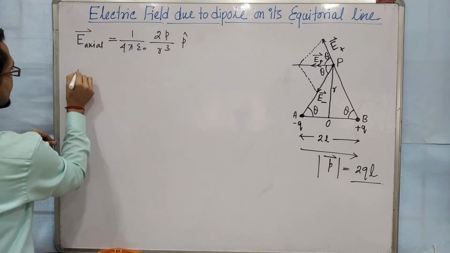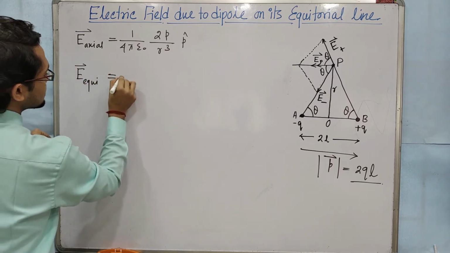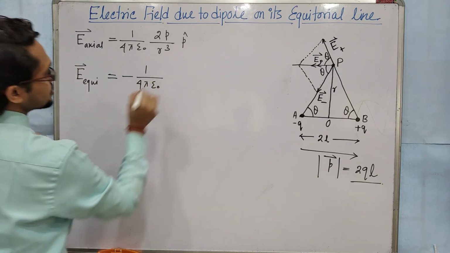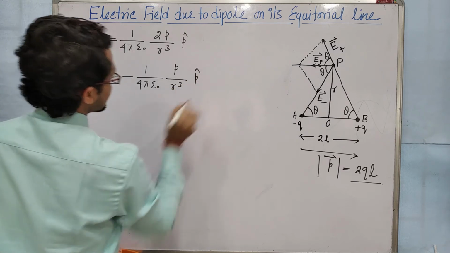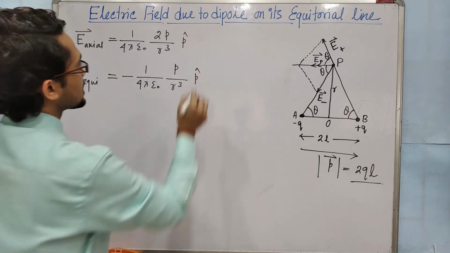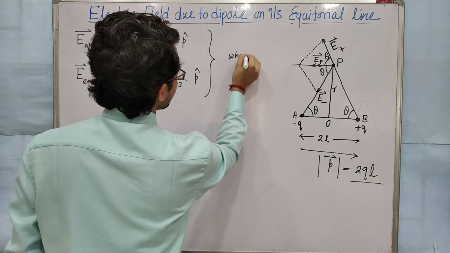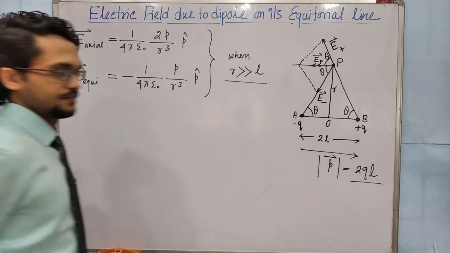And E equatorial is minus 1 by 4 pi epsilon 0, p by r cube, into p cap. Both formulas are true when r is very much greater than L.